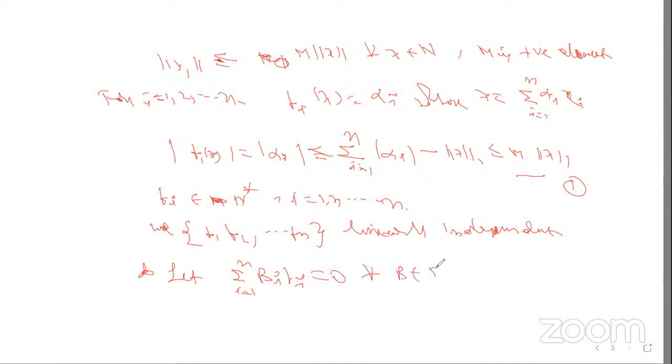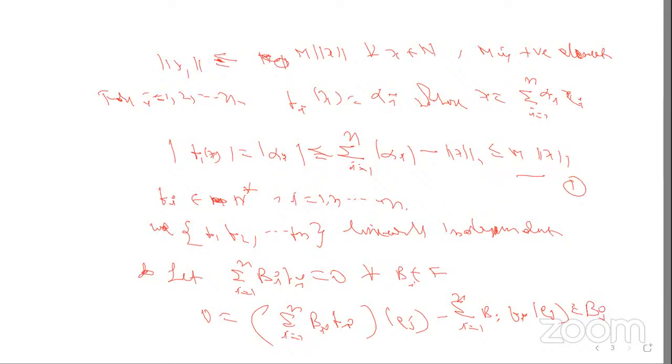Beta i belongs to the scalar field F. Then 0 equal to the sum from i equal to 1 to n of beta i fi applied to ej, which equals the sum from i equal to 1 to n of beta i fi(ej), which equals beta j.